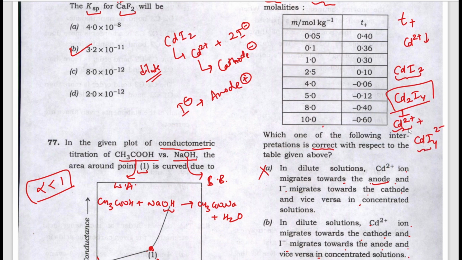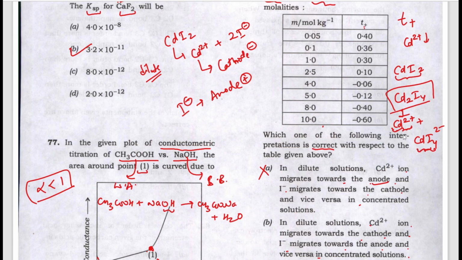So that's why the transport number of the cation, cadmium 2 positive, due to its lower concentration, decreases with increase in molality. That is why the transport number for cadmium 2 positive is decreased with increasing molality of the solution, because some part of the cation is involved in the formation of this complex.